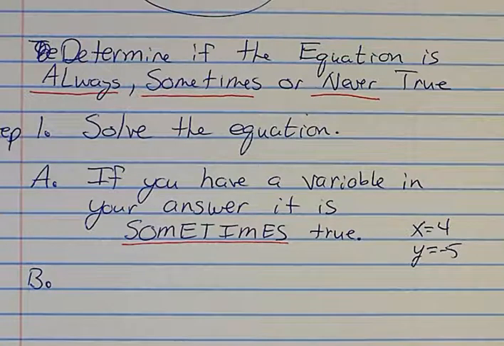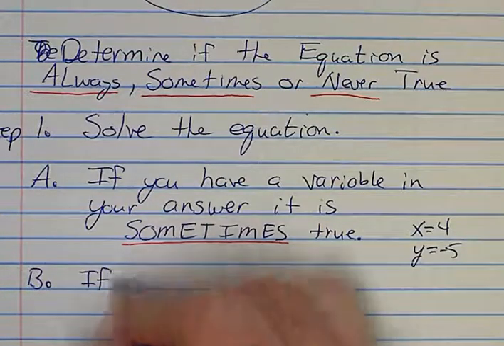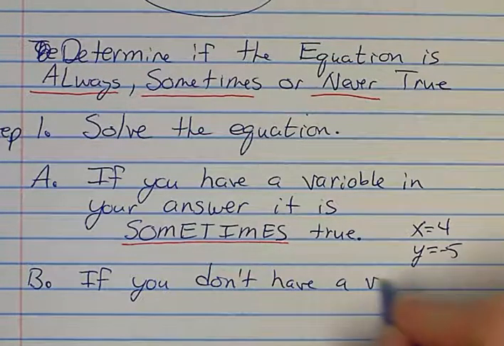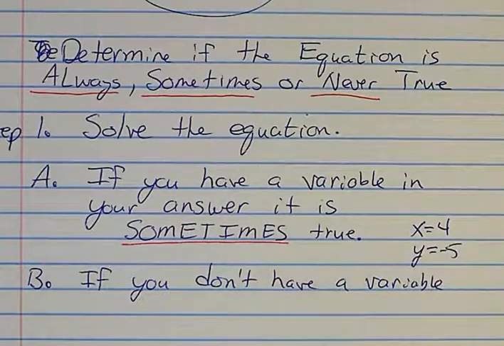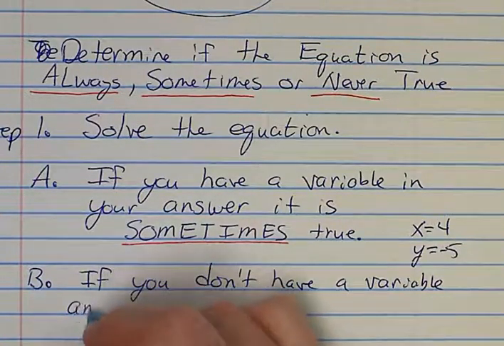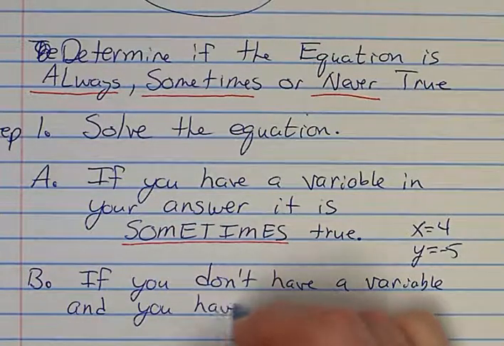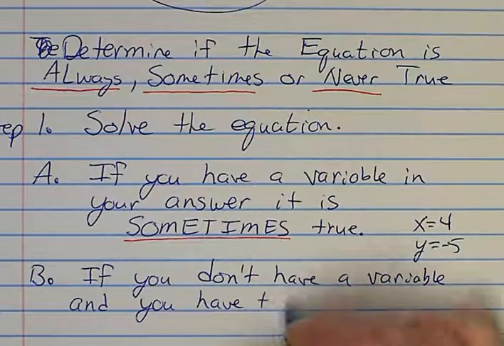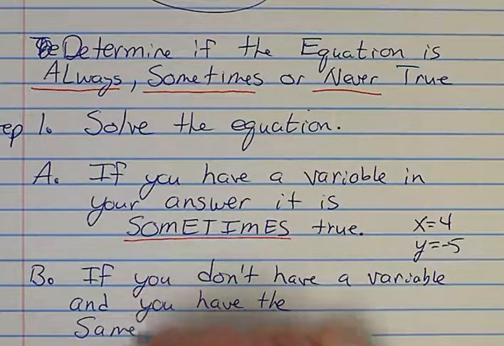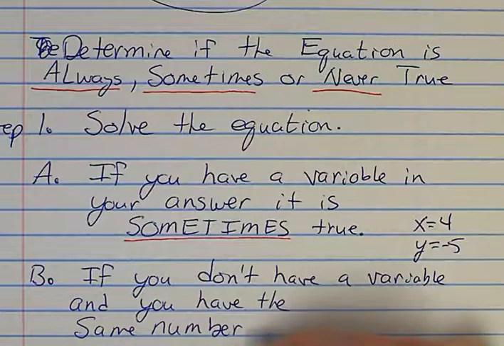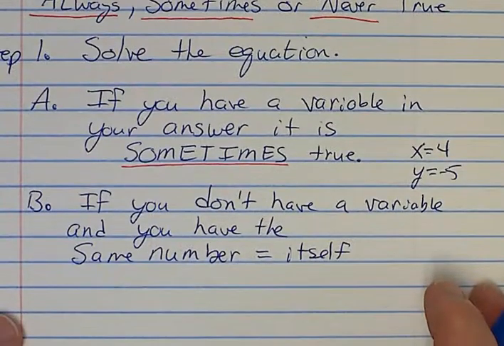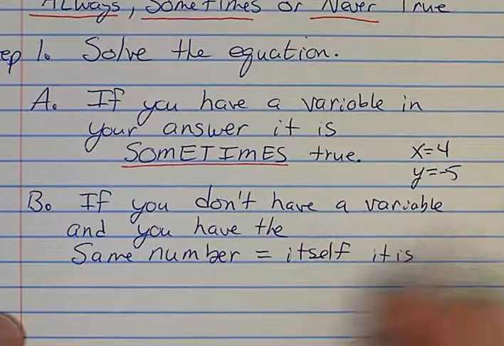The B part is that if you solve the equation and you don't have a variable, and you have the same number, and it's equal to itself, it's going to be always true.